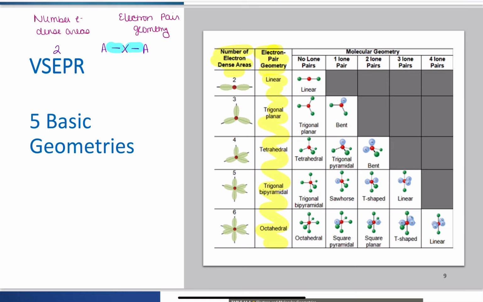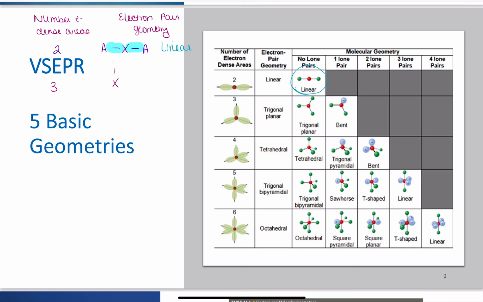This is called a linear structure. No lone pairs, it's just linear. Now, if you had something with lone pairs, like HCl, that is linear as well. That's not going to do anything. What if I have 3 areas of electron density?